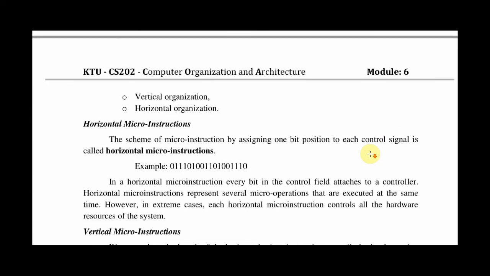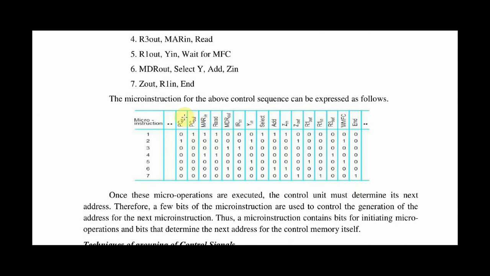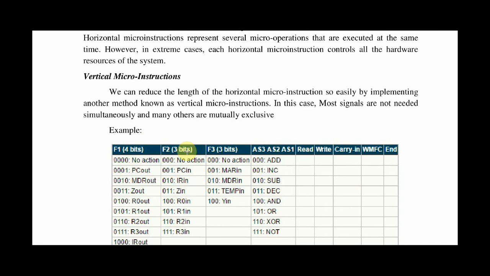A vertical organization means, here we have one issue: PC in and PC out will not be used simultaneously, but we are using separate bits or separate lines for denoting PC in and PC out. Similarly, many inputs are not used simultaneously, so we can group those. In vertical organization, we group them as 4 bit, 3 bit, 3 bit, like that.